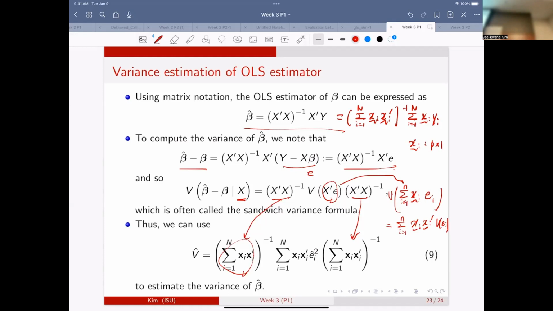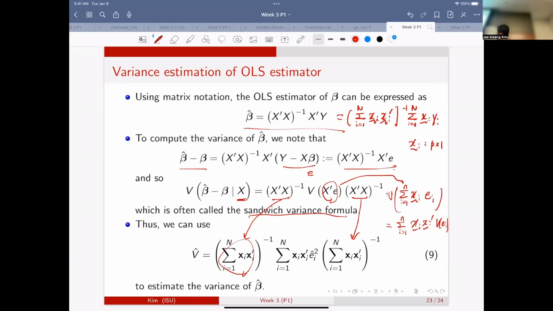Then the variance of ei can be estimated by ei squared if you observe it. But if you don't observe it, you just plug in the residual. So that is the typical formula, sometimes called the sandwich variance formula. Okay.